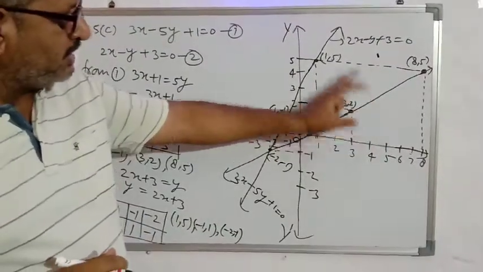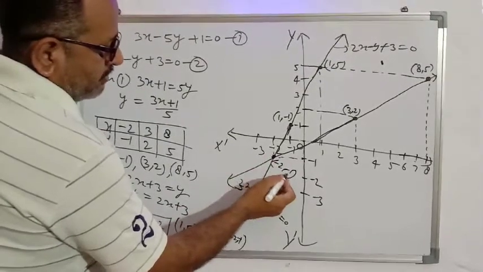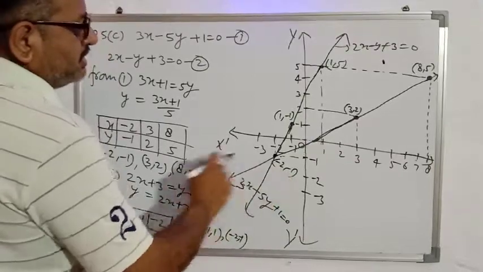And it is the first line, this is the second. Both lines intersect here at minus 2, minus 1. So the value of x is minus 2, y is minus 1.